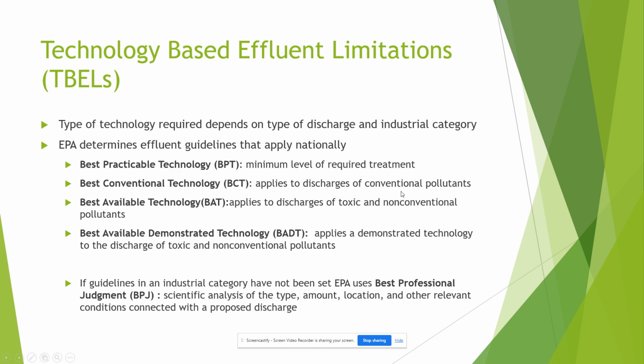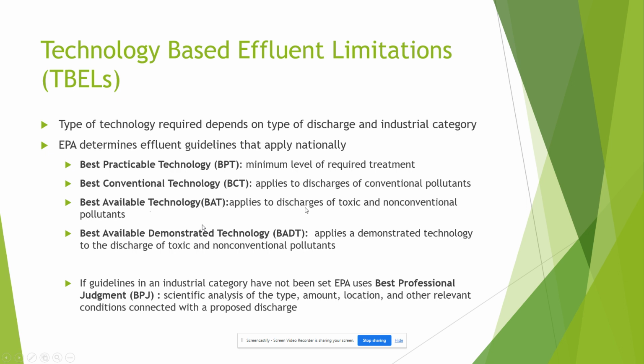So that is for conventional pollutants. Remember those? Those were the categories of pollutants we went over earlier. Best available technology sounds a little better, right, than best conventional technology.